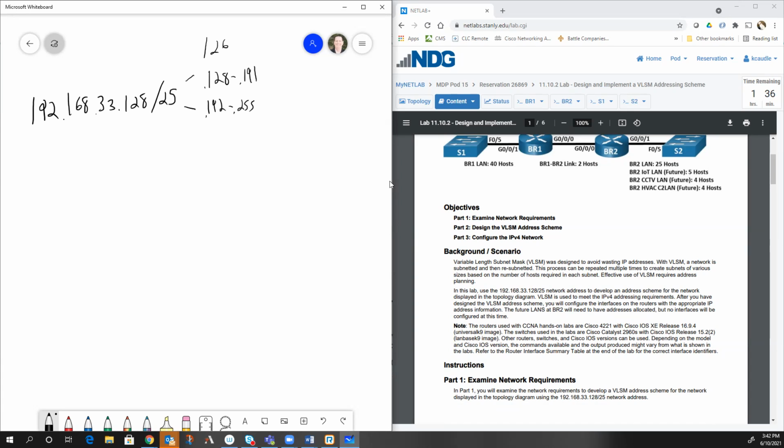So we broke this subnet down by borrowing one more bit. We would then just go and borrow another bit, /27, where our variable becomes 32. Let's go 128 to 159 and 160 to 191.